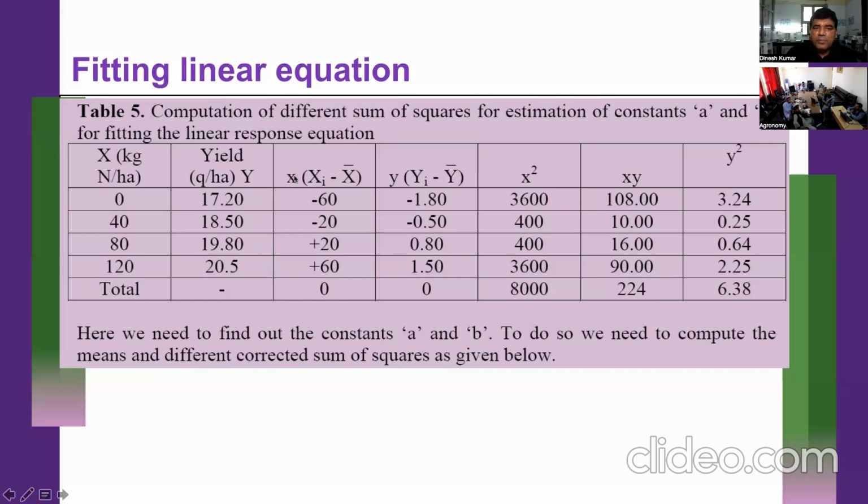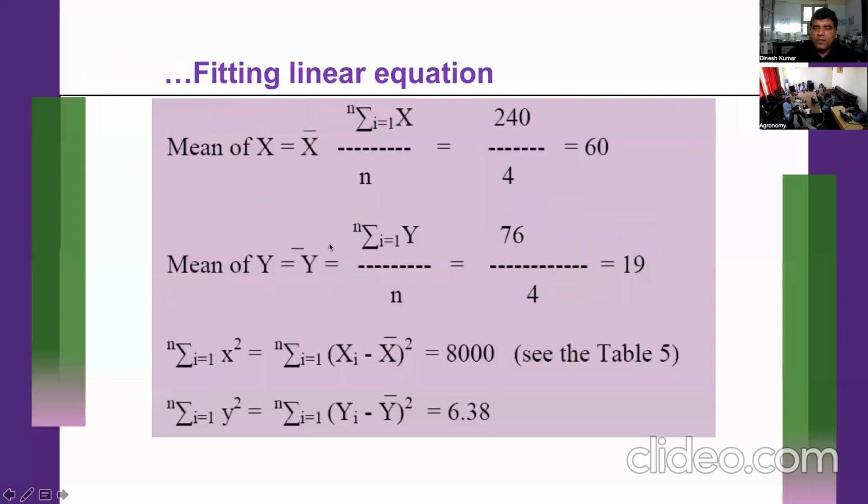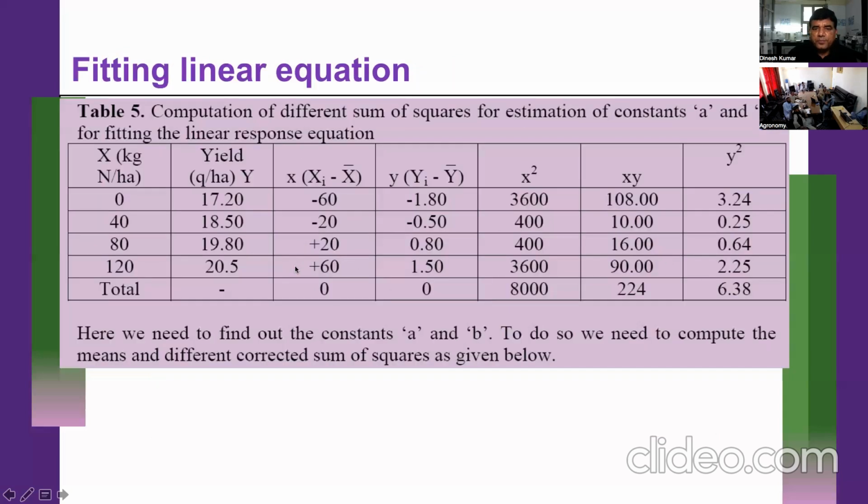And you can get a small x, which is x minus x bar. From every value, you subtract 60: 0 minus 60, 40 minus 60, 80 minus 60, 120 minus 60. You get these values. And you get 19 as the mean for y.